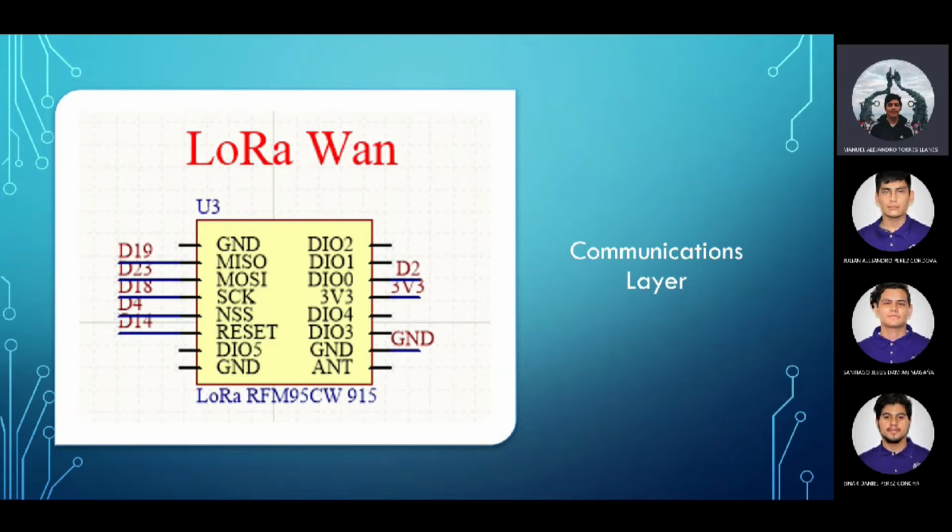It is powered by 3.3 volts, and it uses an antenna of 15 centimeters that gives it its 915 megahertz capacity. This will help us to send information over long distances through multiple devices across a given area.